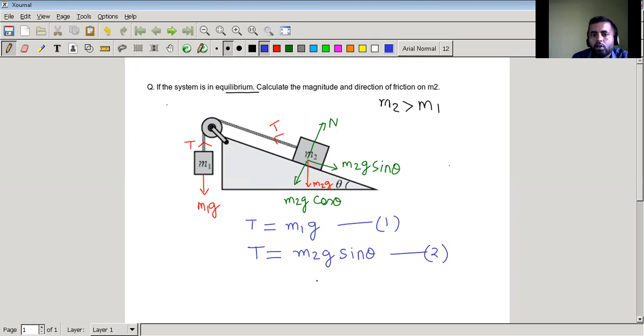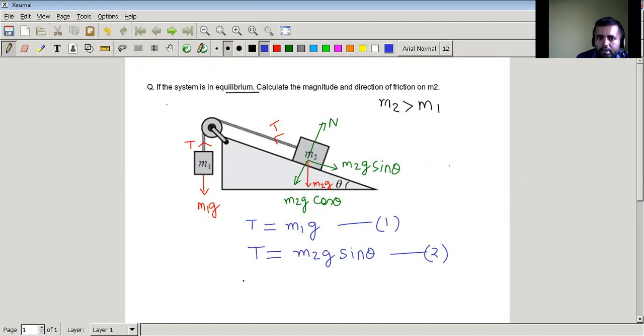So it turns out that if these things are same, then it will be in equilibrium.